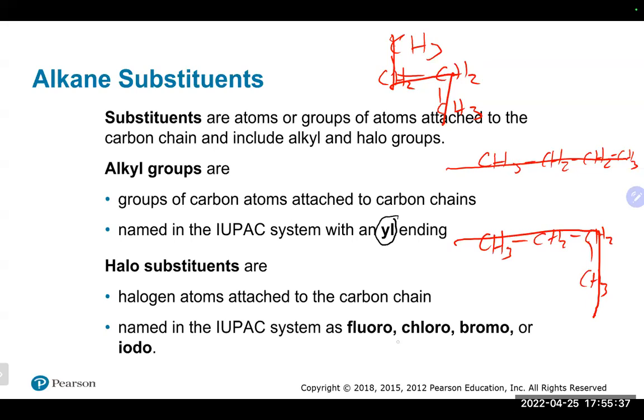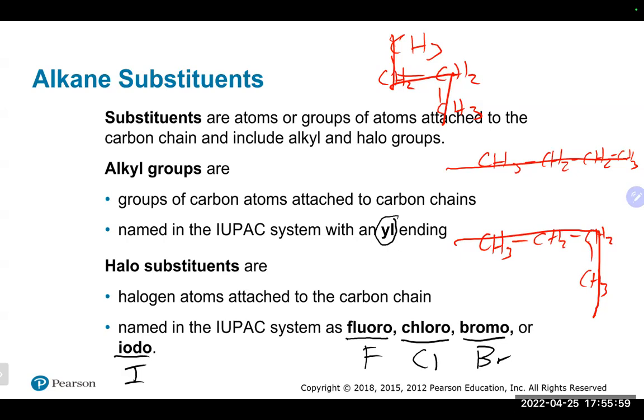Halogens, like I said, they kind of end with -o, if you will. So these are popular ones: fluoro for obviously fluorine, chloro for chlorine, bromo for bromine, and iodo is for an iodine that is hanging out on there as well. So those halogens really do come up and are alkyl groups.